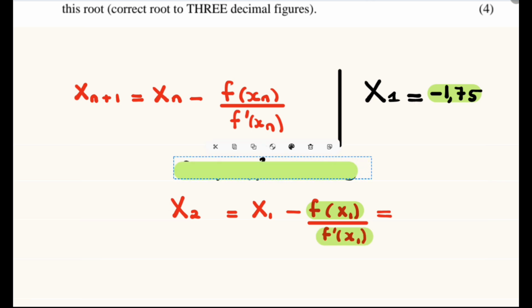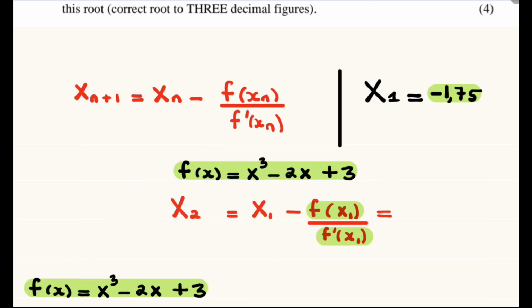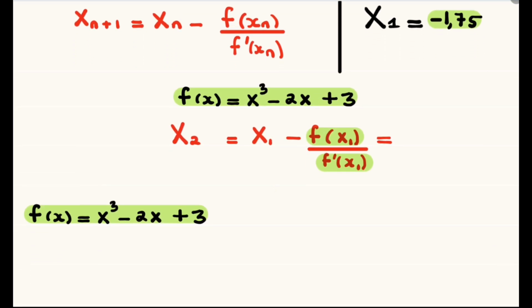So let's substitute. We copy and paste the f of x equation, but we also have to differentiate the f of x. So the derivative of the f of x will be equal to the derivative of the x cubed, which is 3x squared. The derivative of the negative 2x is negative 2. The derivative of the positive 3 is 0.